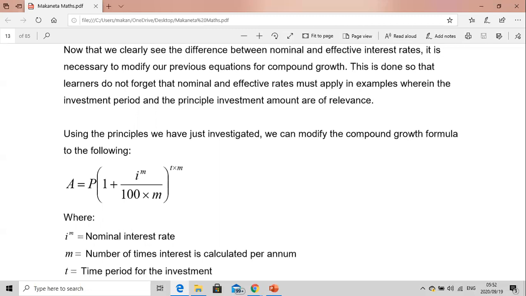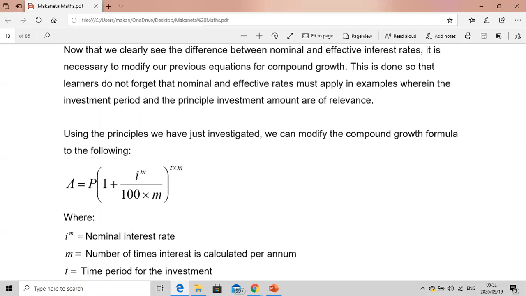So if it is quarterly, remember, per annum there are 4 quarters in a year, and then it means that's the number of times where interest will be charged. And of course, T simply stands for the time period for the investment. It can be invested for, say, 10 years or 5 years.